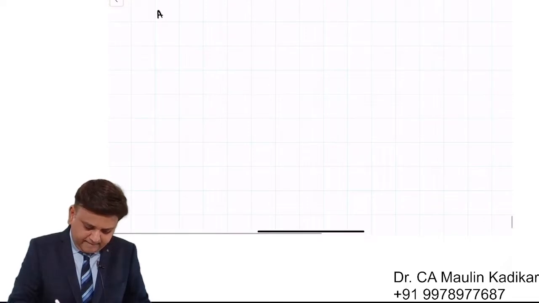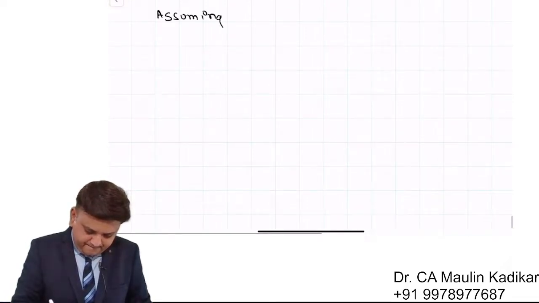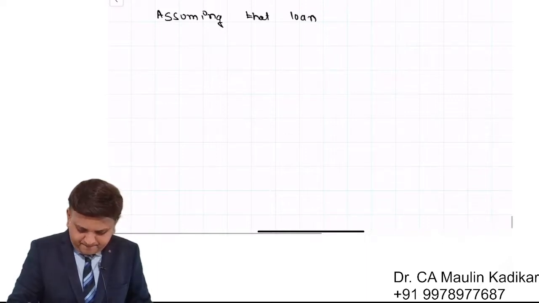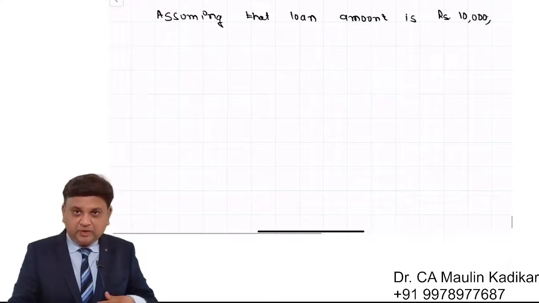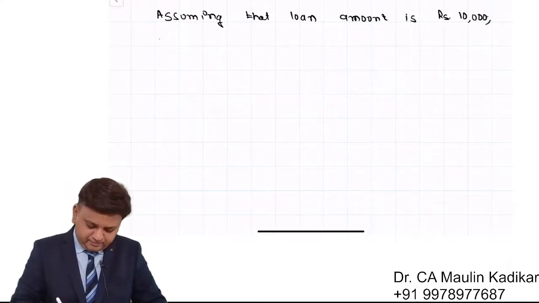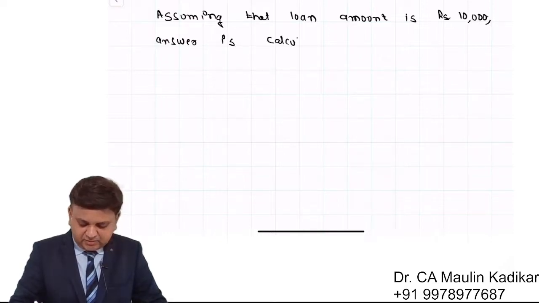Assuming that loan amount is rupees 10,000, comma, answer is calculated.